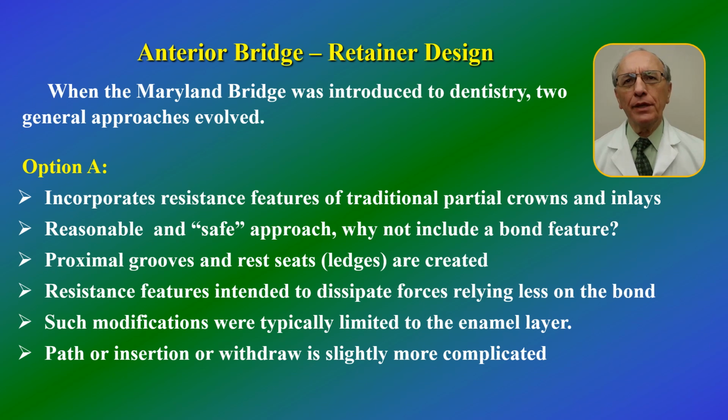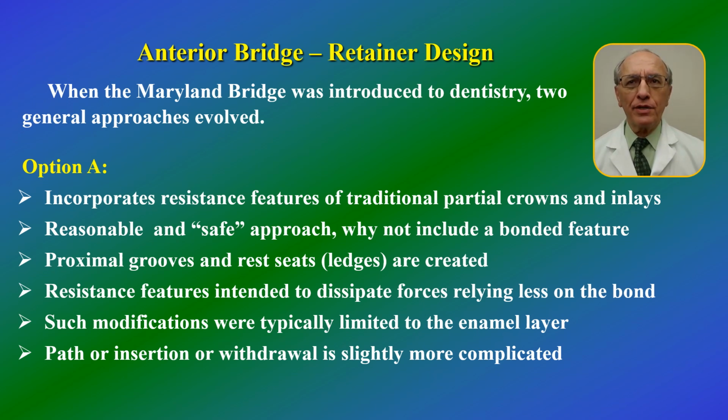We will begin with anterior bridges, retainer design, followed by tooth modification. When the Maryland Bridge was introduced to dentistry, two general approaches evolved. Option A incorporates resistance features of traditional partial crowns and inlays. This was a reasonable and safe approach. If conventional partial crowns were reliable, why not include a bond feature?